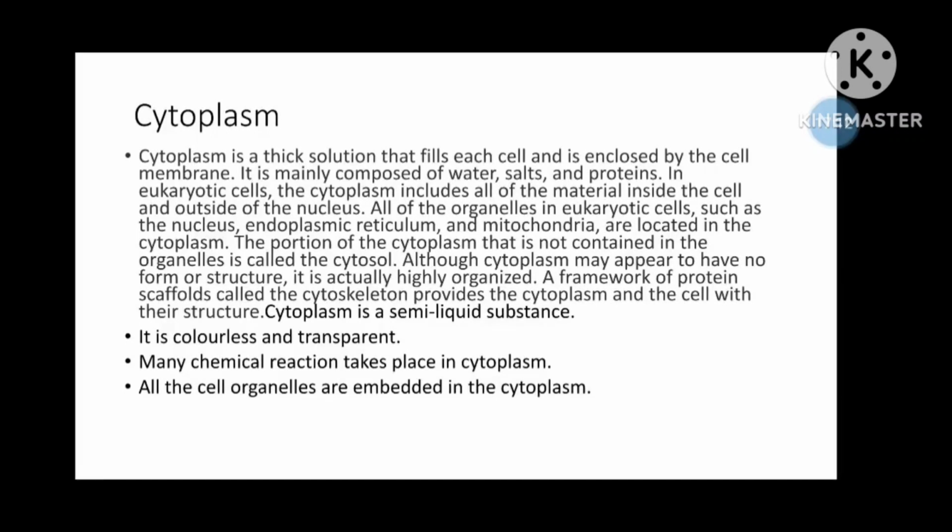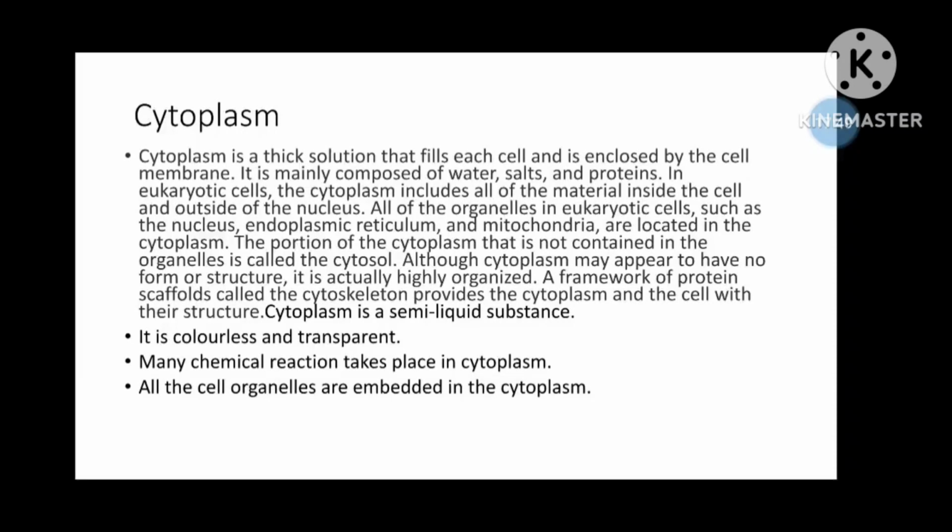All the cell organelles in eukaryotic cells such as nucleus, endoplasmic reticulum, mitochondria are located in cytoplasm. The portion of cytoplasm that is not contained in the organelles is called cytosol. Although cytoplasm may appear to have no structure, it is actually highly organized. A framework of protein, a scaffold called cytoskeleton, provides the cytoplasm and the cell with their structure.